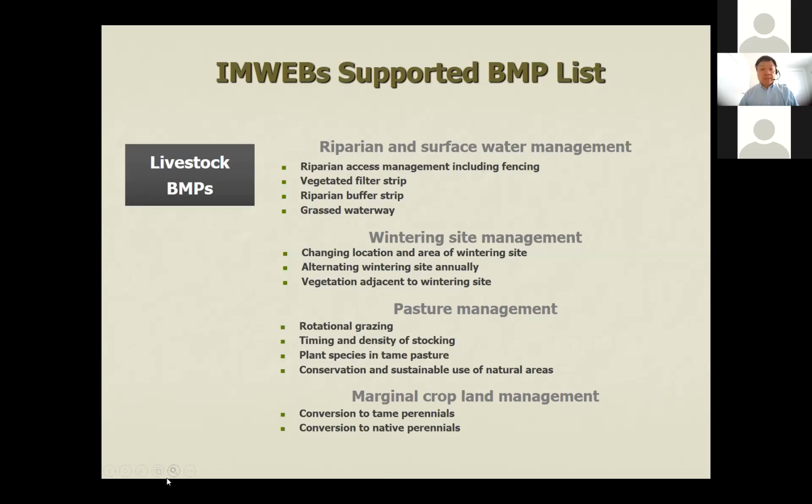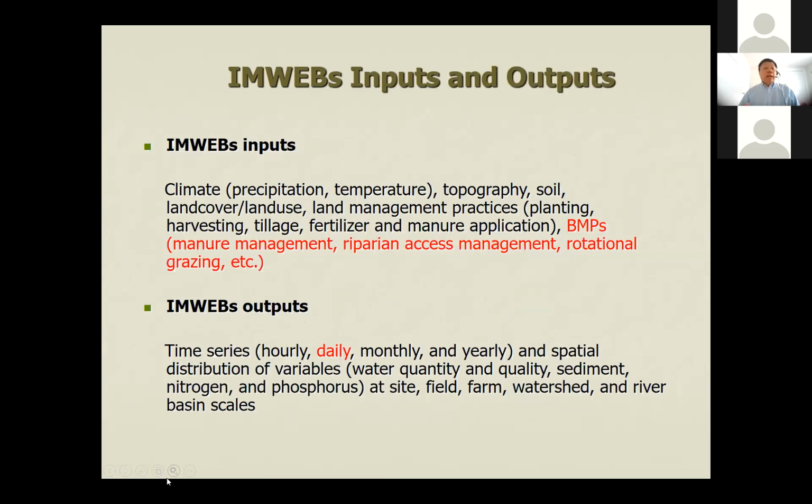That's our motivation in the future, which depends on the project and the system we build, and we're ready to move on to incorporate more BMPs. For IMWEBs, the data inputs are almost the same as SWAT. We have climate, and I just listed the precipitation and temperature, but if we have solar radiation, wind speed, wind direction, and relative humidity, that'll be great.